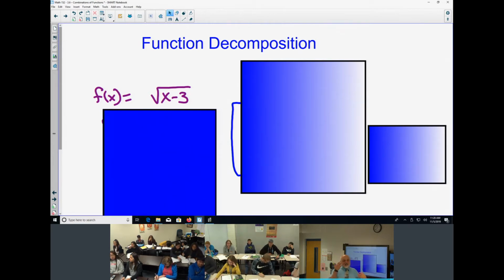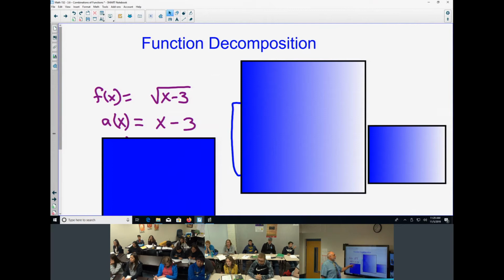The way that I think about it is, if I was plugging in a number for x, what would I do first? I would subtract 3. So the first function is going to be x minus 3. Whatever the input is, I subtract 3.